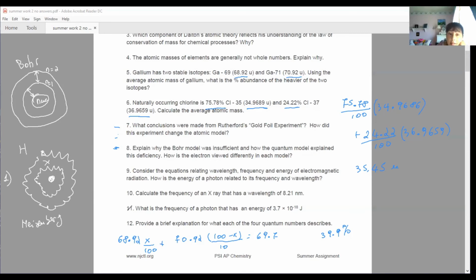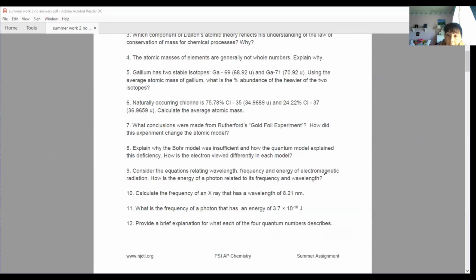Okay, and then number 9, consider the equation relating wavelength, frequency, and energy of electromagnetic radiation. How is the energy of a photon related to the frequency and wavelength? Well, we know two equations. The energy is equal to h, the Planck constant, times the frequency.